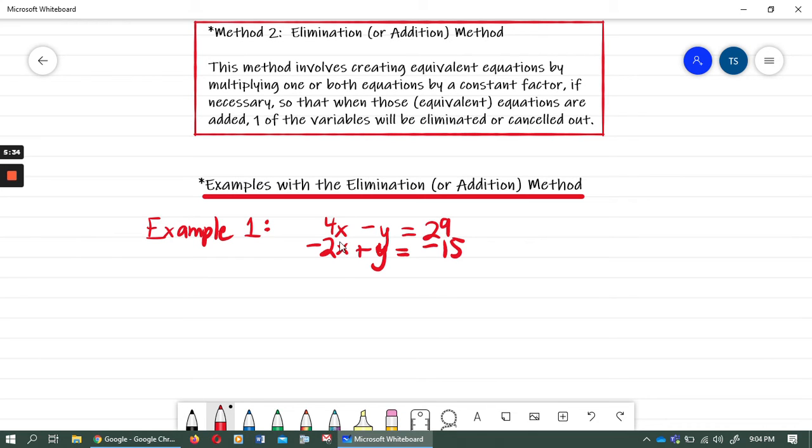If we added those two together, that would give us positive 2x, right? What would happen if we added negative y to positive y? Wouldn't that make that variable cancel out, eliminate? Wouldn't that eliminate the variable y?